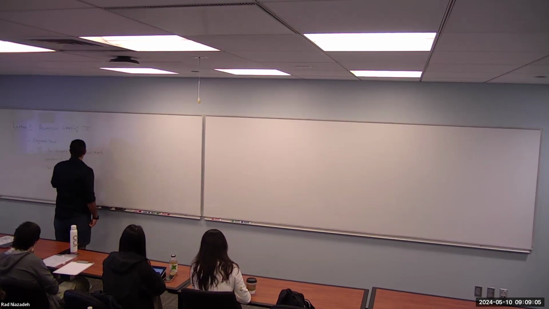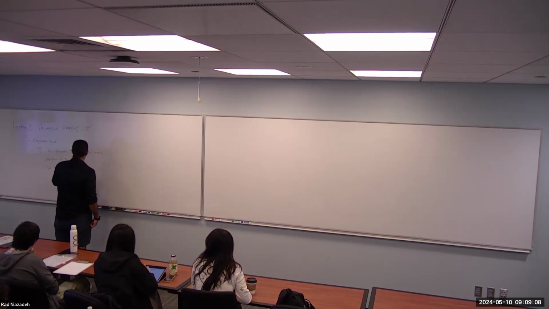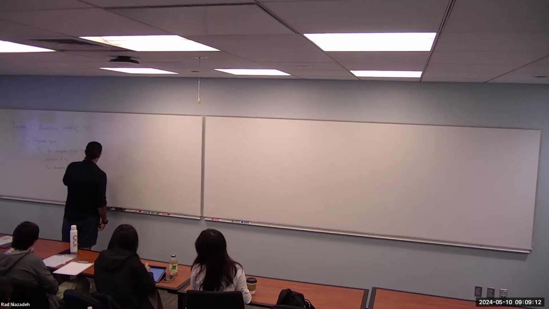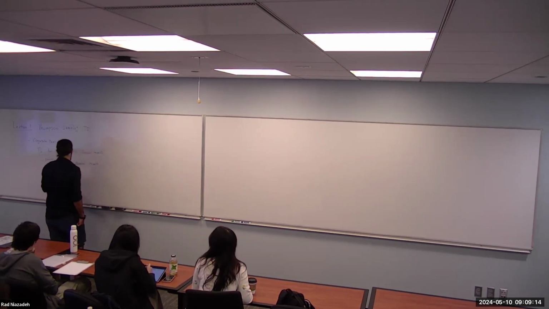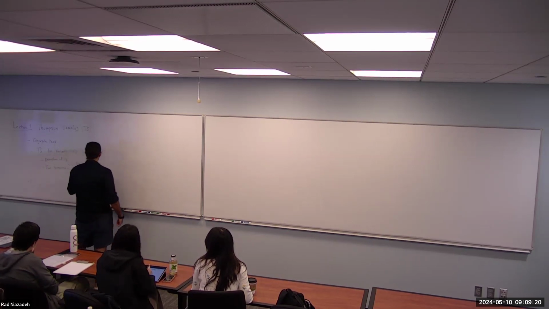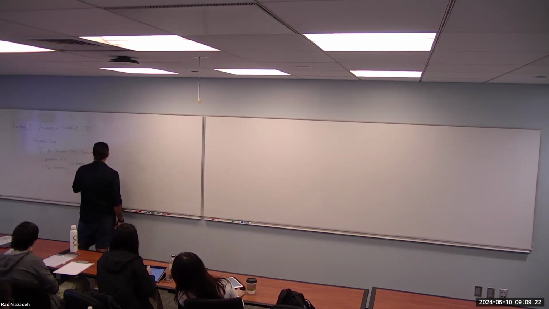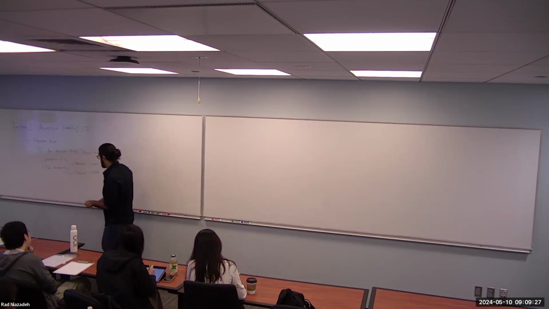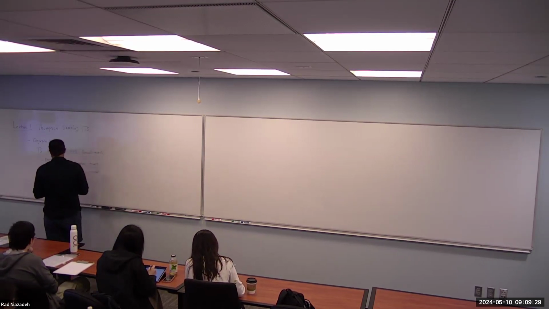One is the Bayesian perspective, or if you want, you can call it the ex-ante perspective. And the other one is the Frequentist perspective, which you may call the ex-post perspective. And hopefully it's going to be clear why I'm calling them ex-ante and ex-post.